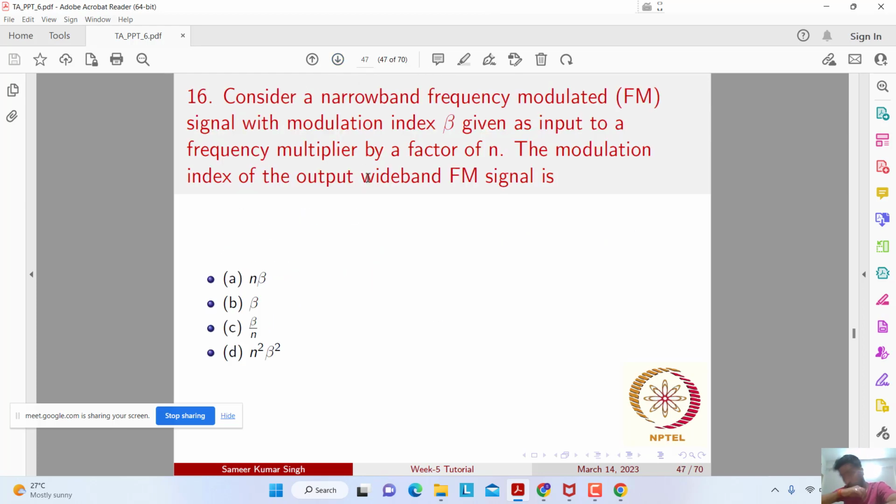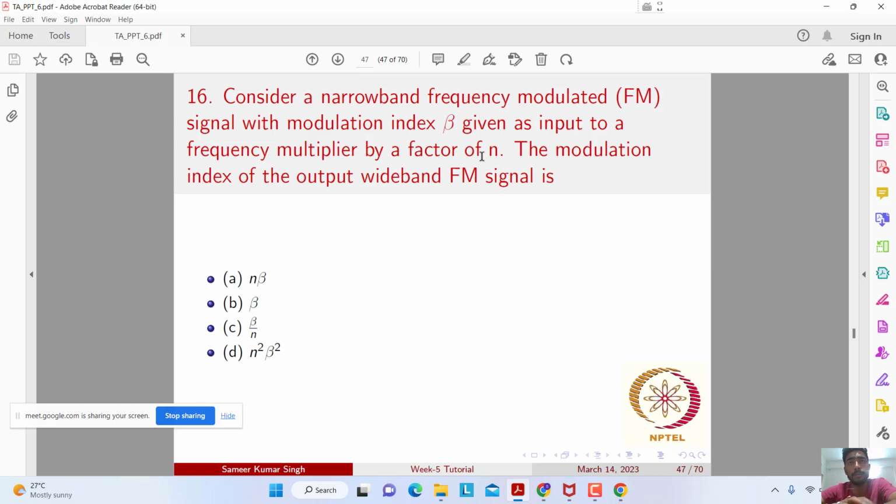Okay. Question number 16. Consider a narrowband frequency modulated signal with the modulation index beta given as an input to a frequency multiplier by a factor of n. What is the modulation index of the output wideband FM signal? Initially we have the beta and we are passing it through the frequency multiplier.